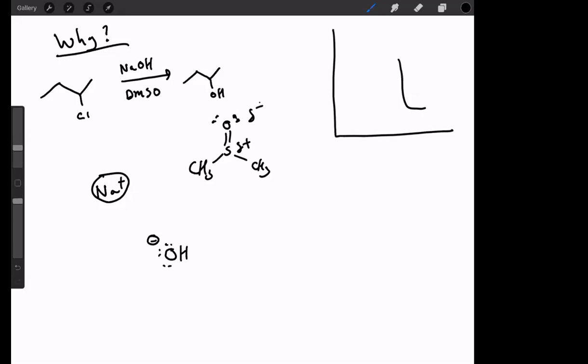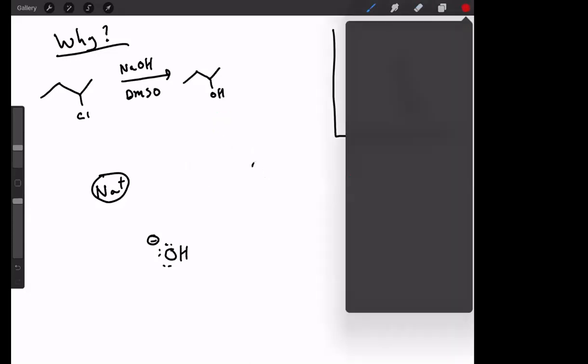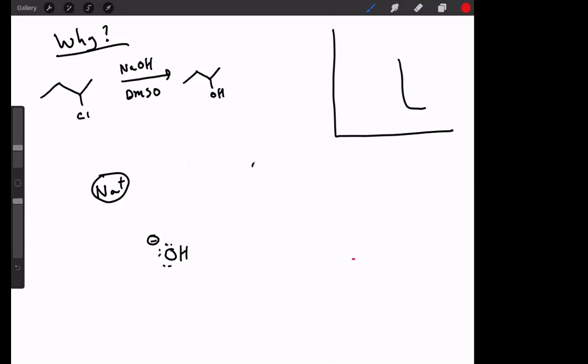Because the oxygen is partially negatively charged and those electrons are available, they're unhindered, then what this means is that a species like the sodium ion is stabilized or is able to interact with molecules of the solvent, right?